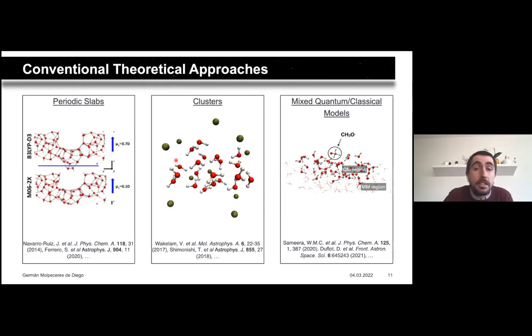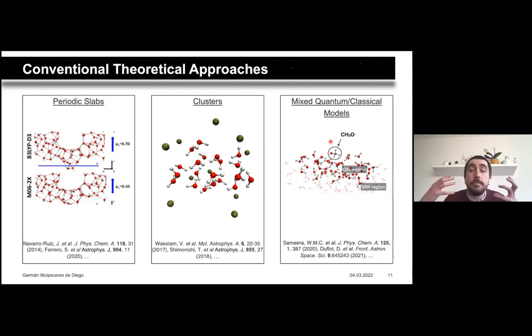We have also clusters, assuming that, for example, the main conditions for a binding of a particle on a surface come from local environments. We can extract these local environments and study them. And we have mixing of classical models and quantum models to treat different regions of a system with a lot of accuracy and lower accuracy in order to create big models.